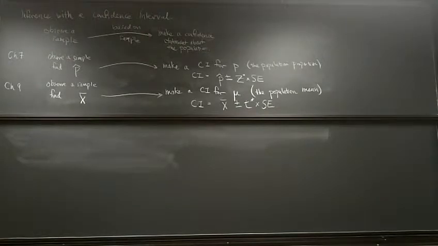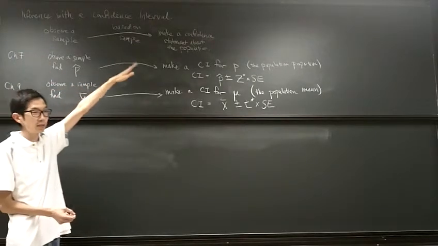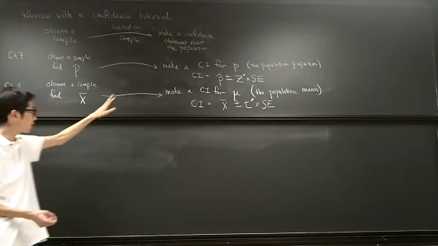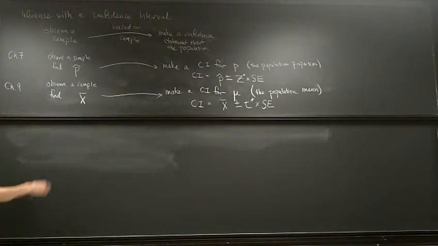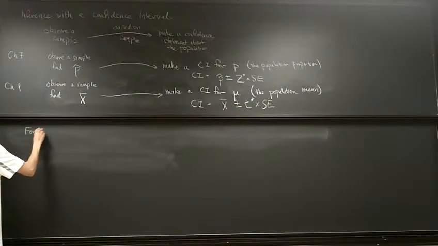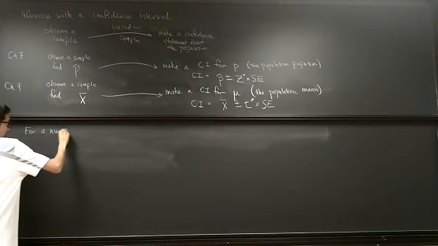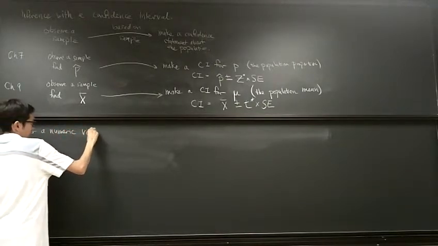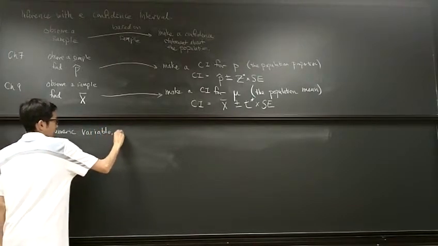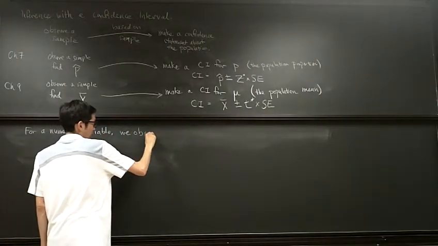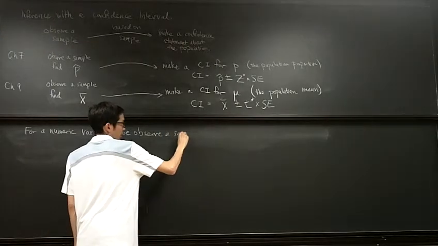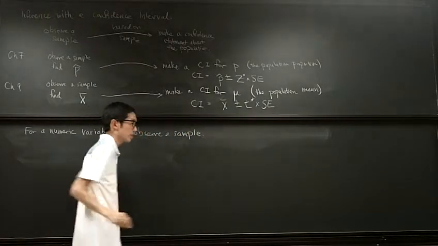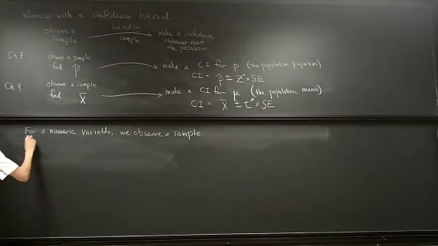Okay. So again, overall, the idea for a confidence interval is we observe a sample. Based on the sample, we're making a statement about the population. And here, for a numeric variable, we observe a sample, and we find the sample mean x bar.